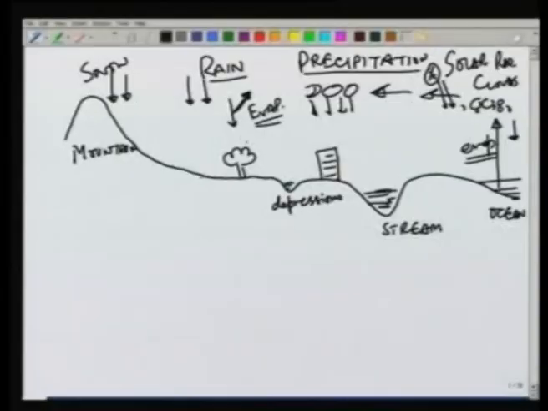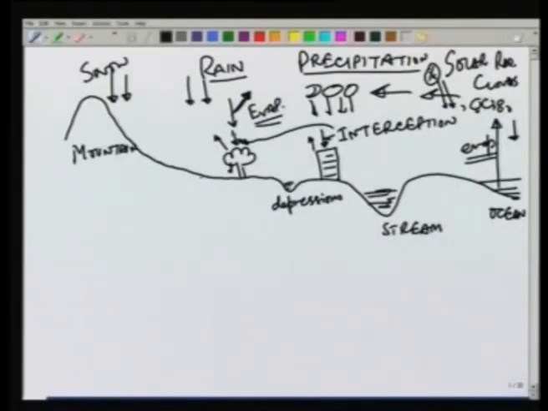The part which reaches the surface, some of it will be intercepted by the buildings and maybe other vegetation. So, this part will not reach the ground, it will be intercepted before it reaches the ground, and from the interception it may evaporate back to the atmosphere without reaching the ground.